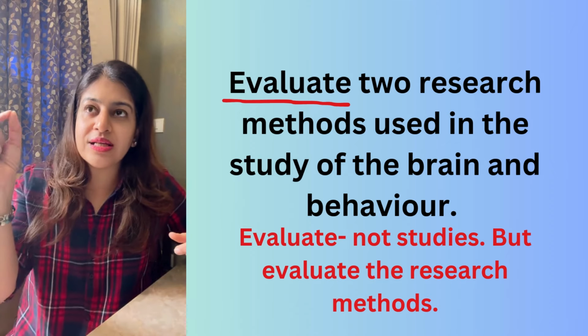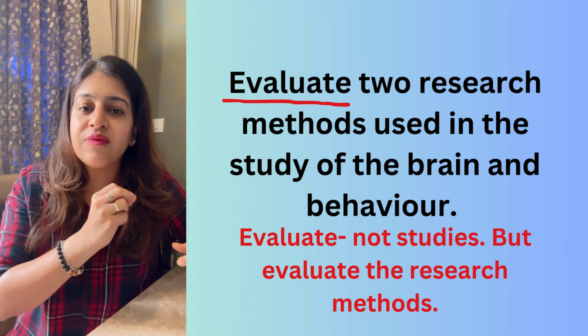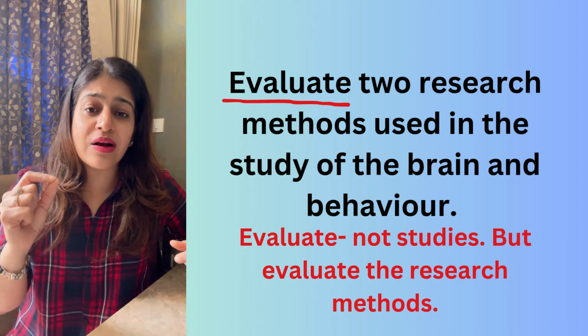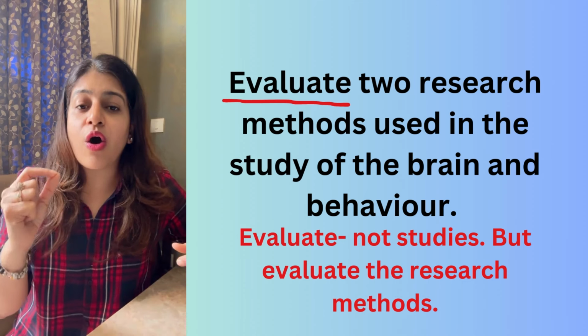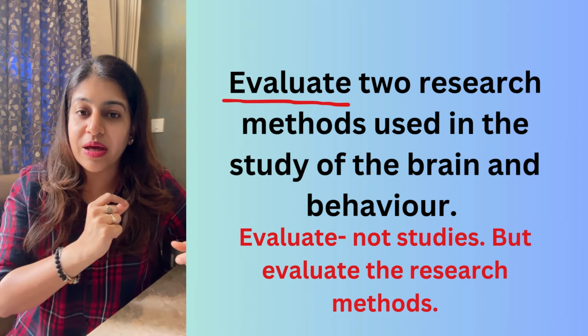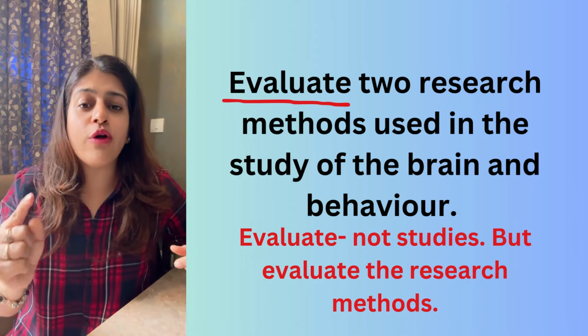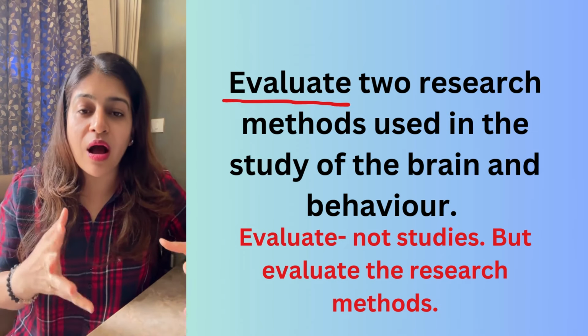They read evaluate, and they start evaluating the study. You don't have to do that. It is clearly written: evaluate the research methods of the study used in the brain and the behavior. So you have to write the strengths and weaknesses of the research methods being used in the study.